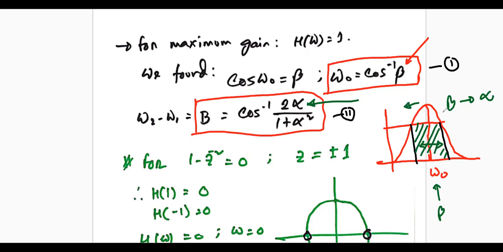On the other hand, if you want to fix the omega 0 and want to squeeze or expand the bandwidth, you can also control it by the value of alpha. That is the beauty of the IIR type of filter. You have a lot of flexibility in the design part.